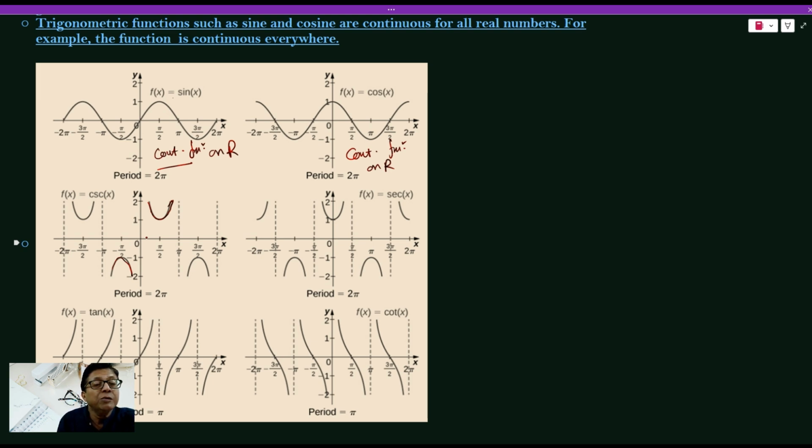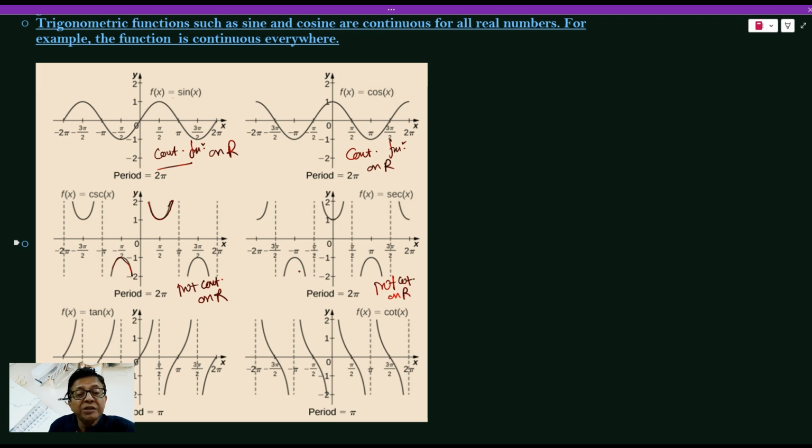Won't it be continuous between these 2 points? Yes, of course. If you define some domain for this function, it is continuous over there, but not continuous on R.